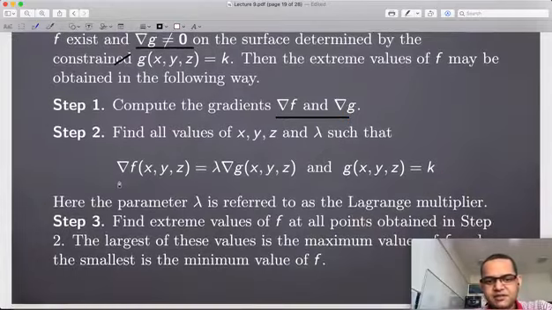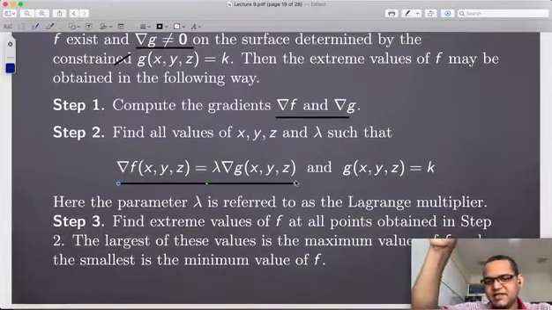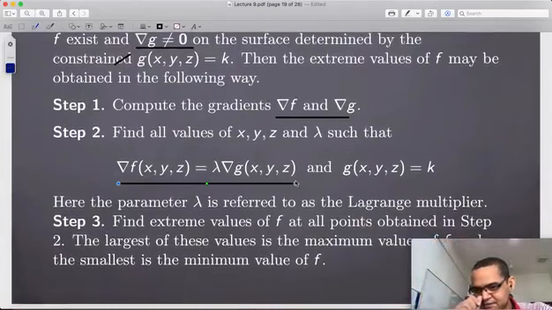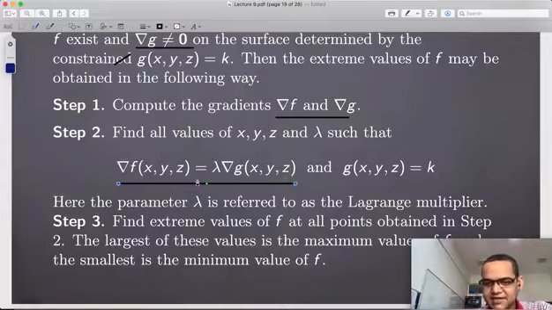This was the equation for the maxima and minima, because at the point where they touch each other, the gradients are parallel, so you have this relation. So you do it for a lambda, and the equation of constraint is given to you.